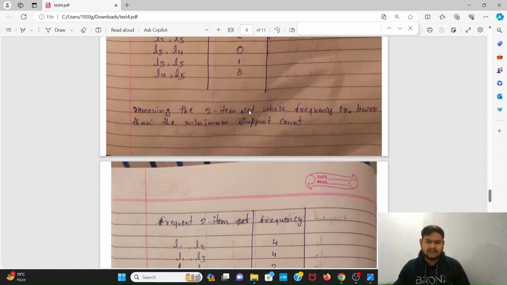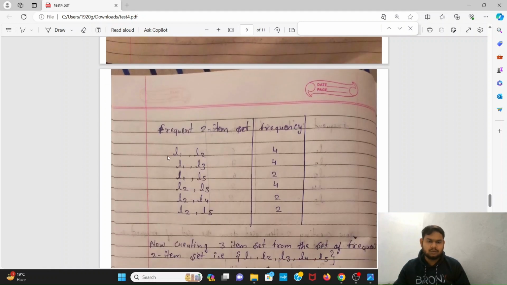Removing the two item sets whose frequency is lower than the minimum support count. The final two item sets are L1 L2 frequency 4, L1 L3 frequency 4, L1 L5 frequency 2, L2 L3 frequency 4, L2 L4 frequency 2, L5 L2 frequency 2.